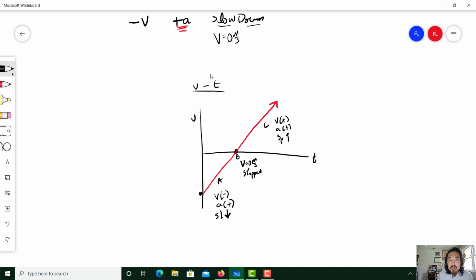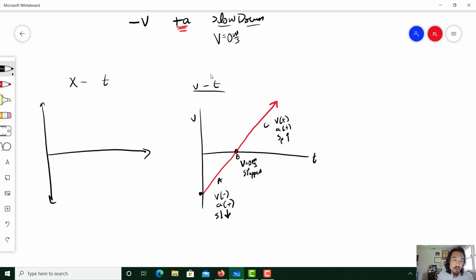So let's translate this velocity time graph to a position time graph. All right. So here we have negative velocity. With a negative velocity, for a position versus time graph, that means we have a negative slope.